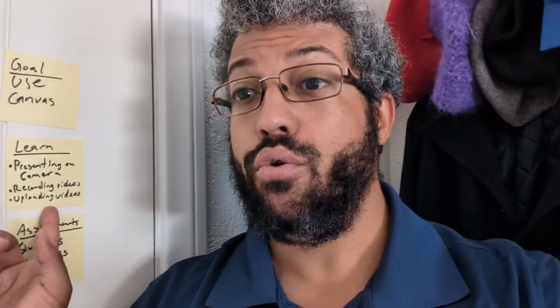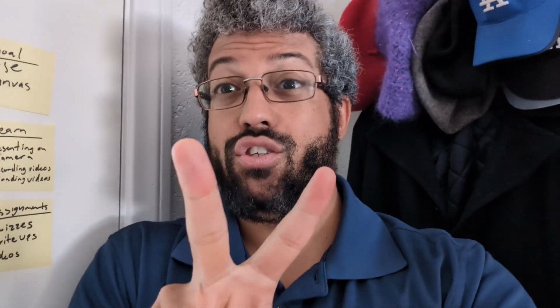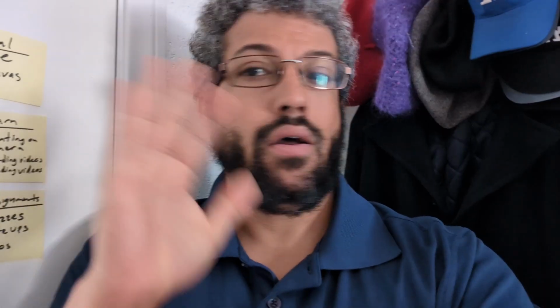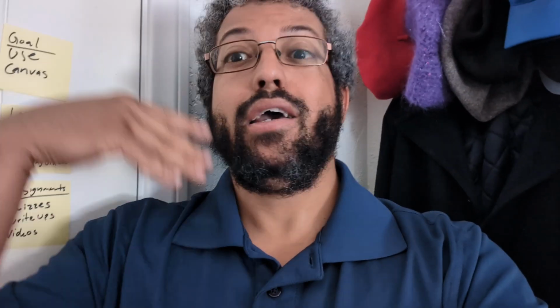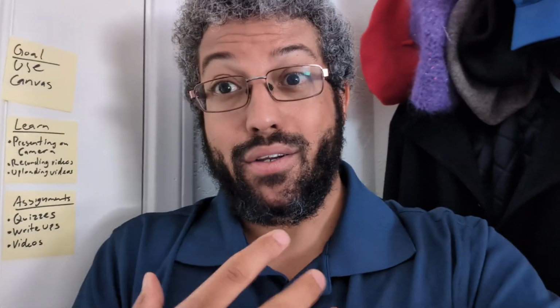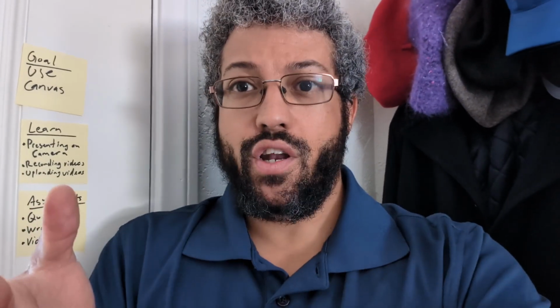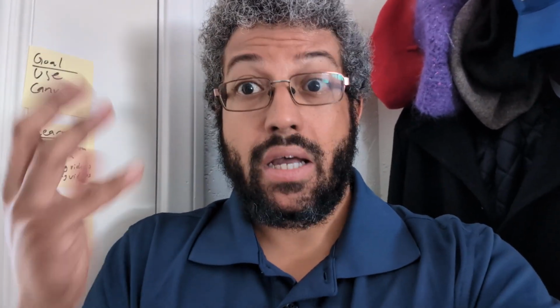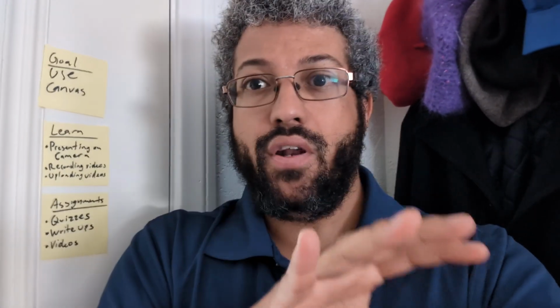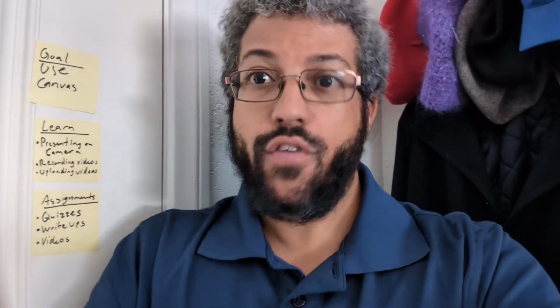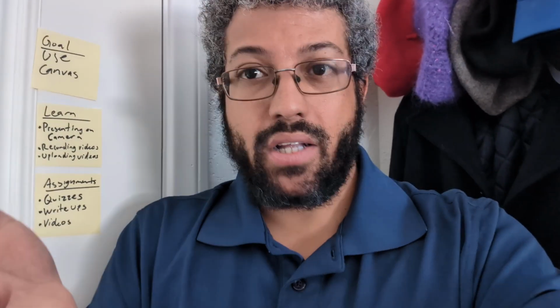Other thing is uploading videos. There are two ways to upload videos for my classes. In my opinion, the absolute easiest way to upload and submit videos to my class is to upload your videos to YouTube. That's pretty much what I do. So once you record your video, you upload it to YouTube. If you're comfortable having a public video, you would mark the view setting as public so anybody can see it.